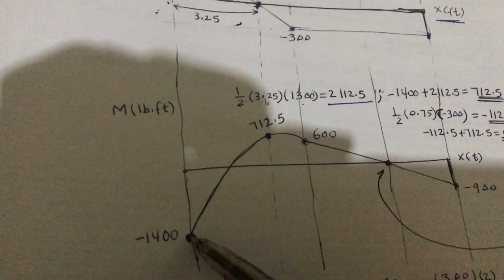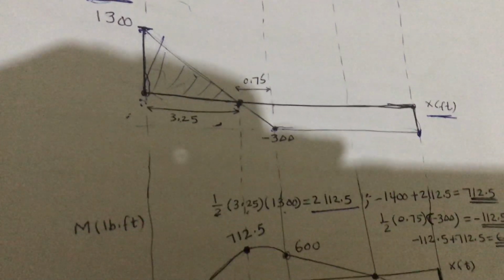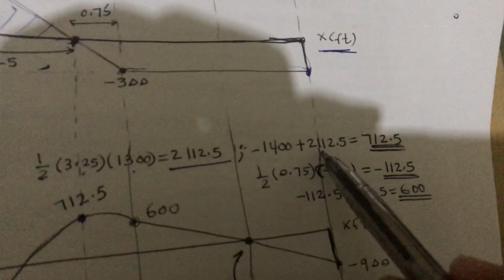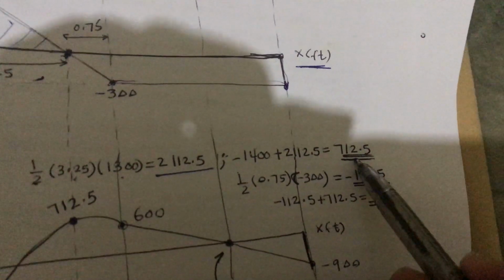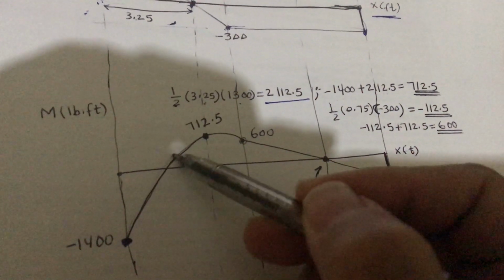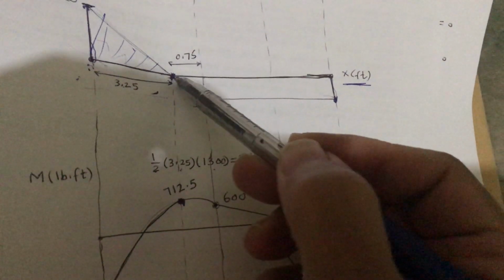So this is minus 1400 plus this positive area of the shear. This would give you minus 1400 plus 2112.5. You will get 712.5. So this is linear. If it's linear, you're going to have a concave down until 712.5. So we came at this point.